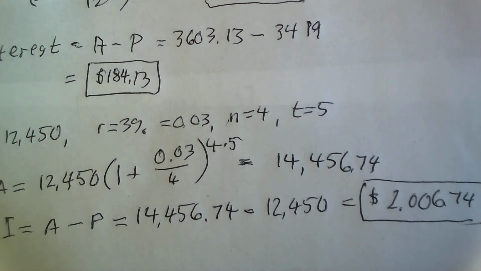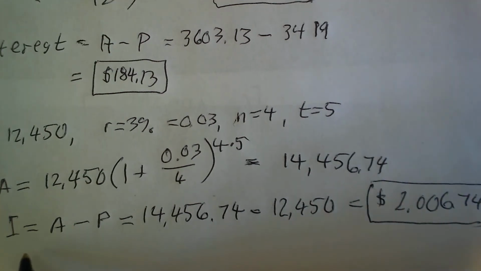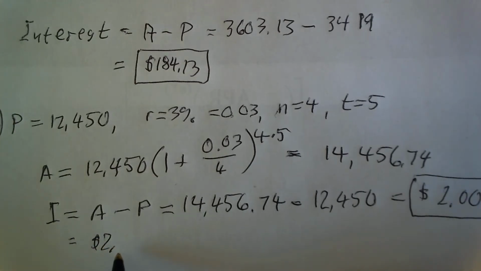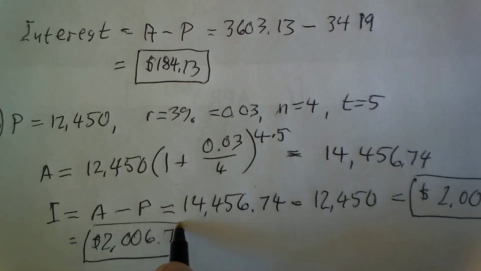So there you have two simple calculations for computing compound interest. Again, let me just write the amount of interest earned, $2,006.74. Future value minus present value.